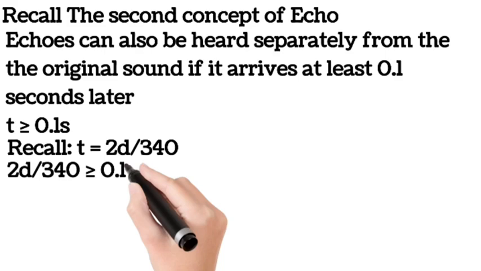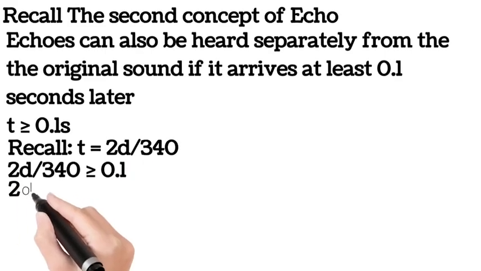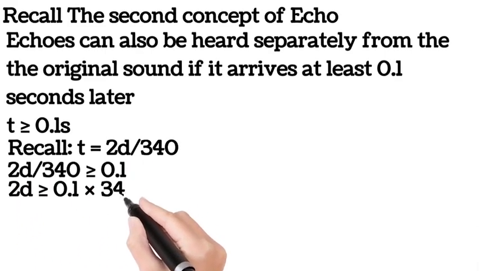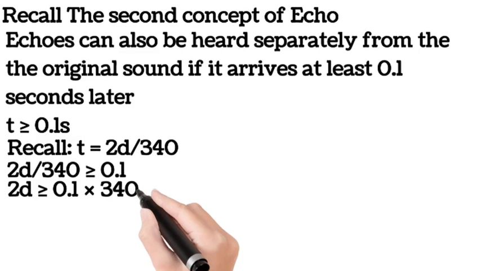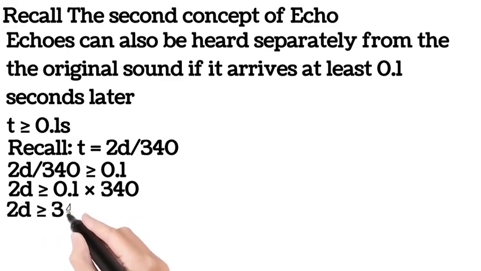And we solve this how we solve questions normally. We cross multiply. So for us to have the value of d, we cross multiply. So 2d will be greater than or equal to 0.1 times 340. 0.1 times 340 is 34. So we have 2d is greater than or equal to 34.